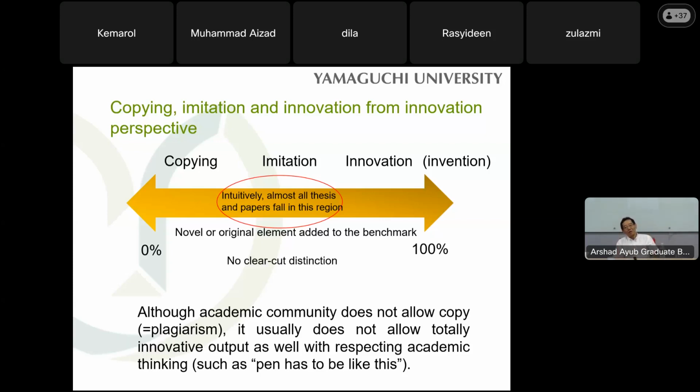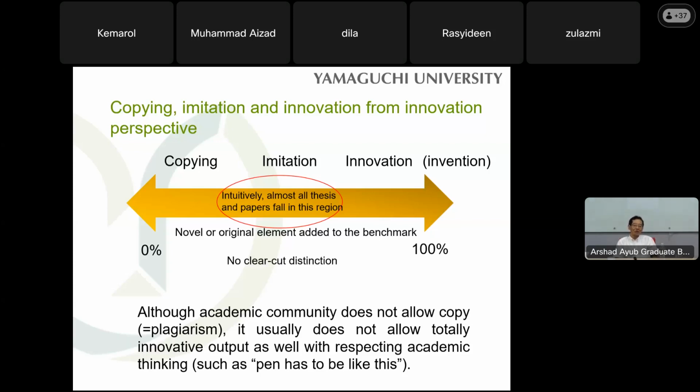However, there is no clear-cut distinction between copying, imitation, innovation and invention. So what you have to be very careful about is that the academic community does not allow copying. We call it plagiarism.